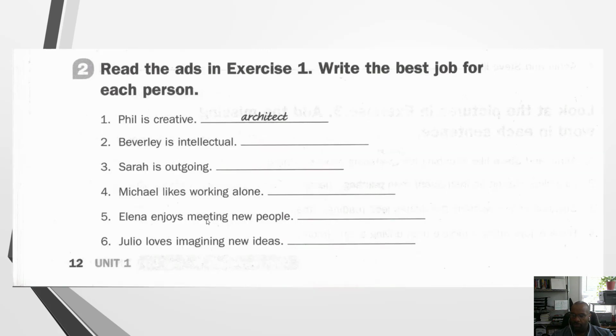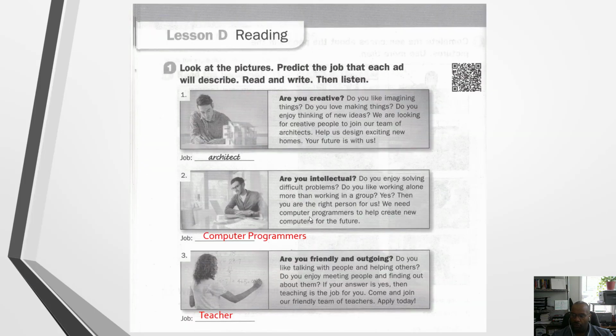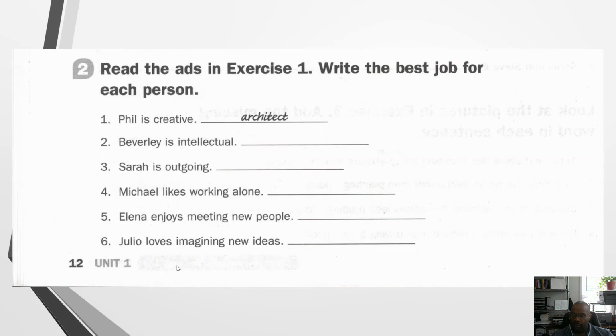Elena enjoys meeting new people. For that one, I put teacher. Do you enjoy meeting people? And then the last one is Julio. Julio loves imagining new ideas. For that one, I put architect.